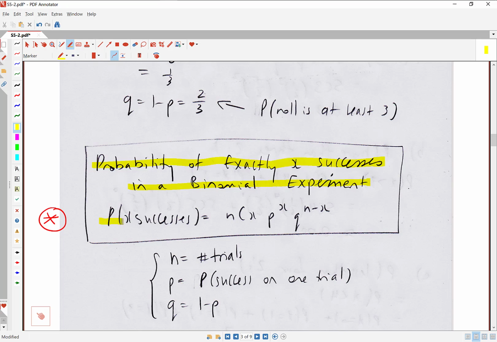The probability of getting X successes is NCX times P to the X times Q to the N minus X. And I'll talk a little bit later in the video about where exactly this formula comes from. So for now, let's just make sure that we understand what all the symbols are. So N is the number of trials. P is the probability of success on a single trial. And Q is 1 minus P.